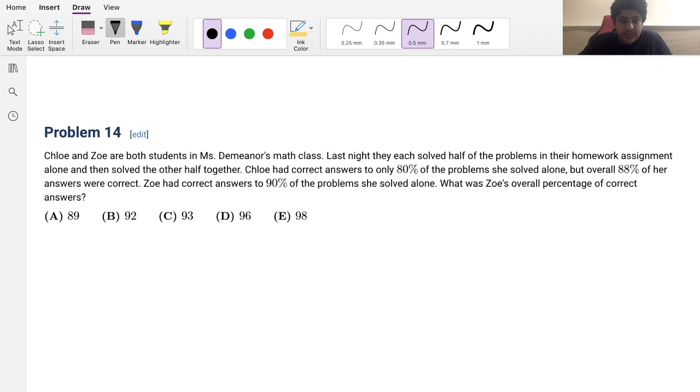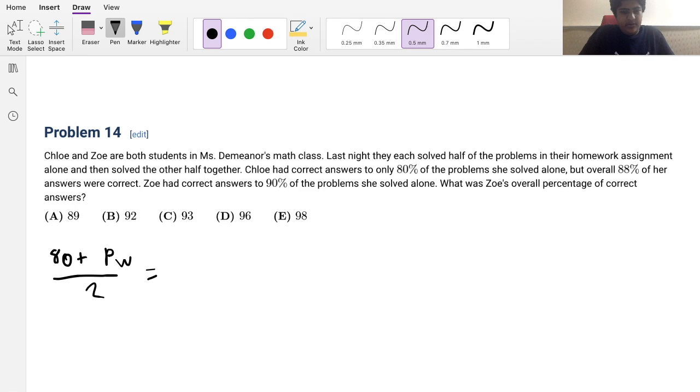So let's first calculate the percentage that they got right when they worked together. Let's denote this as P work, or PW. We know that 80% plus PW over 2, which is just the average of 80 and PW, is equal to 88 because they each did half the problems by themselves and half the problems together.